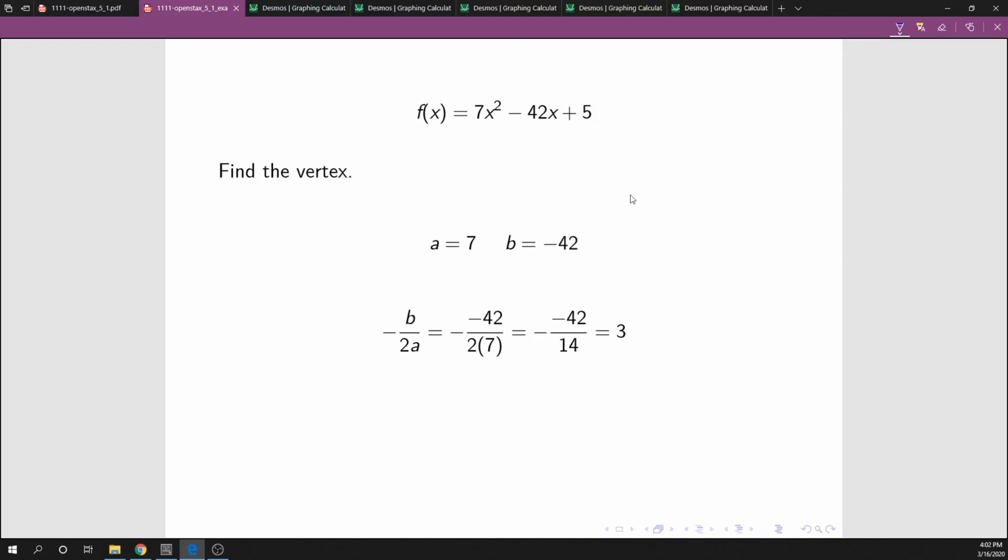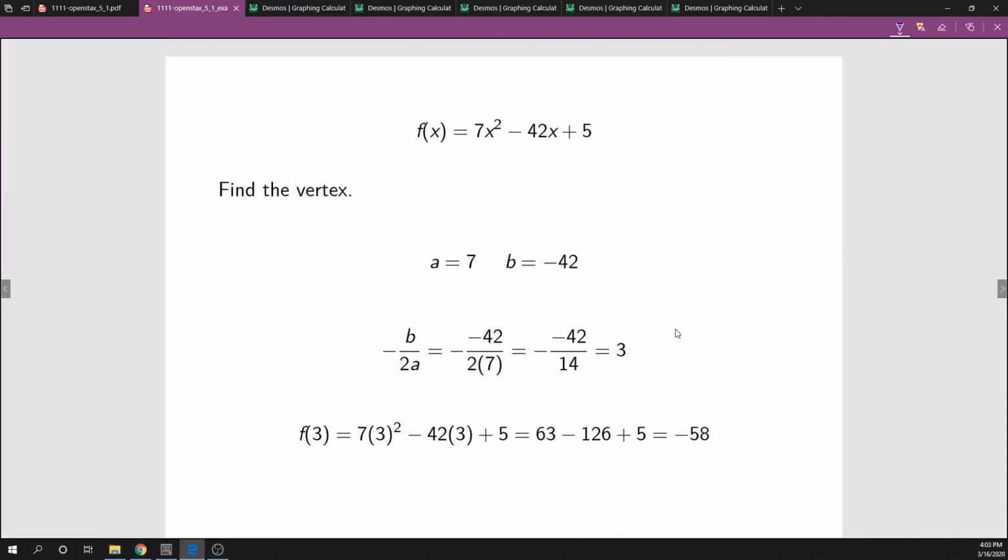When we do that, we'll get -42 over 14. -42 divided by 14 is -3, but then this minus changes it to a +3. So the x coordinate of our vertex is +3.